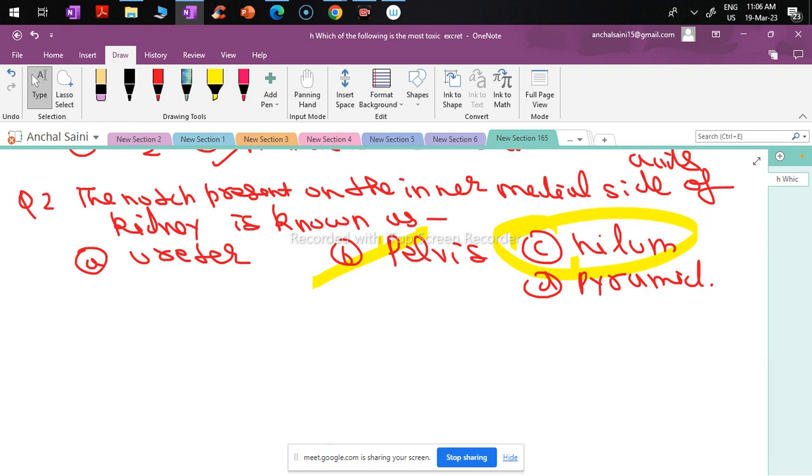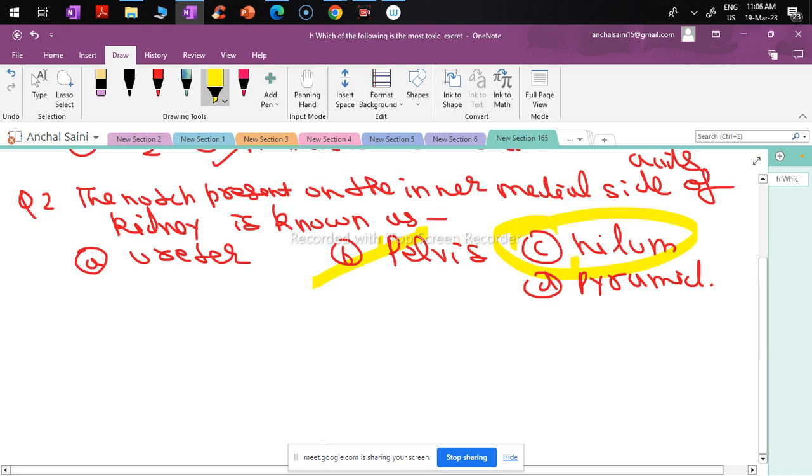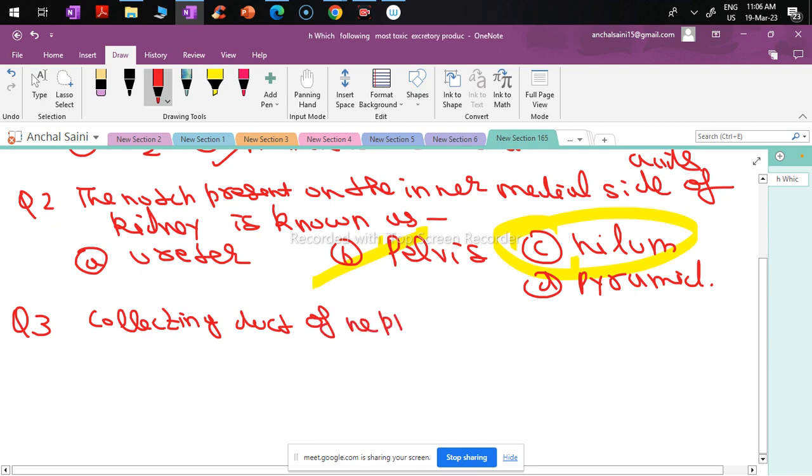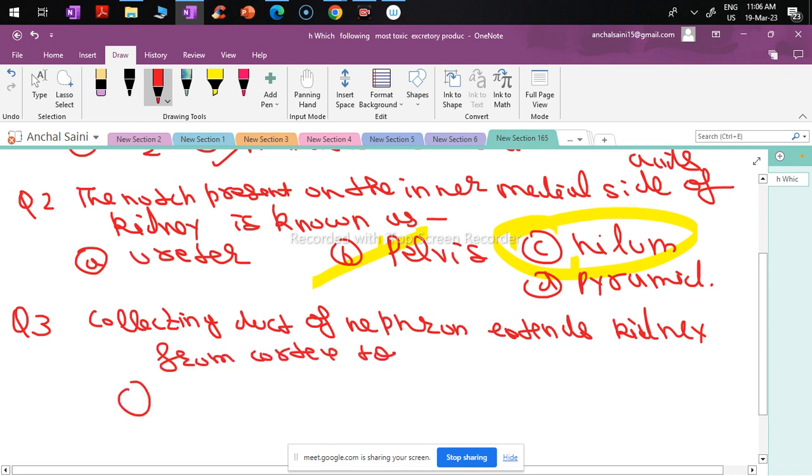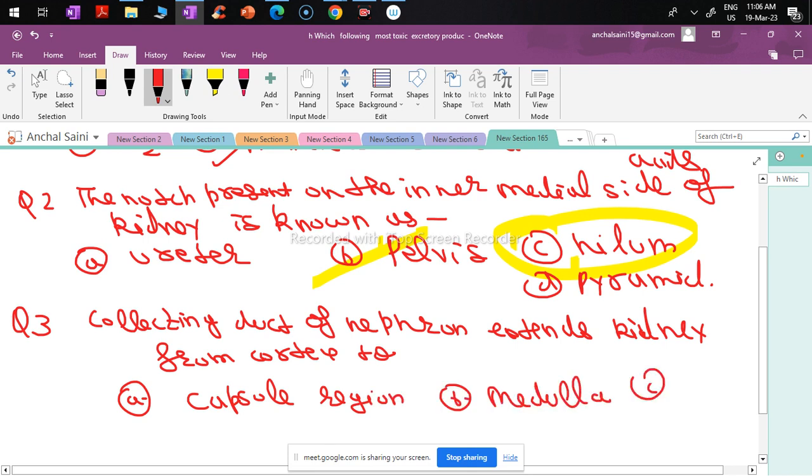So the question is, collecting duct of nephron extends in the kidney from cortex to: A option capsule region, B option medulla, C option ureter. Yes, try to answer. You were also asking this question.